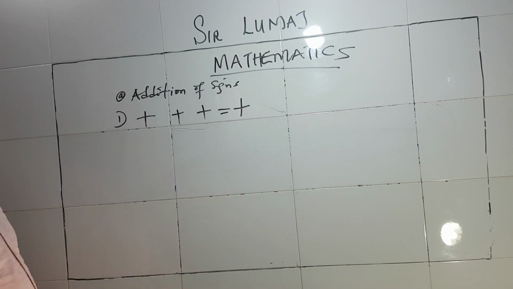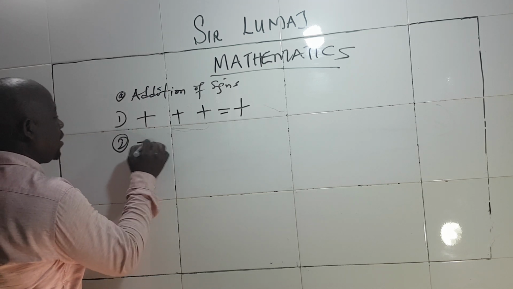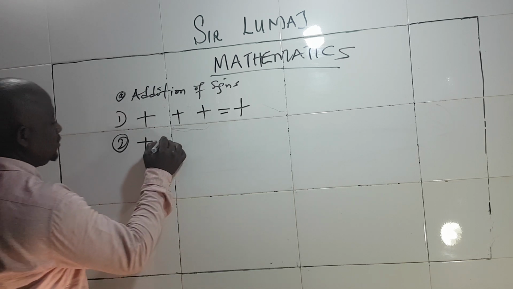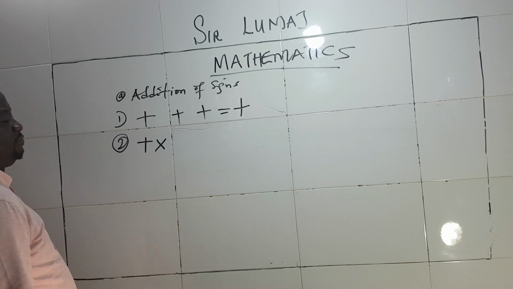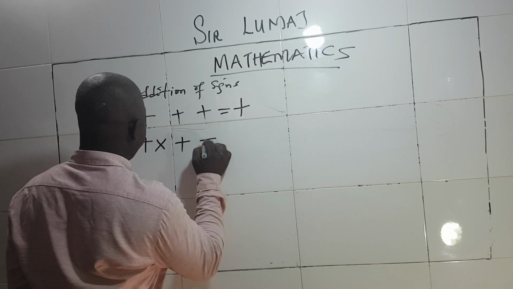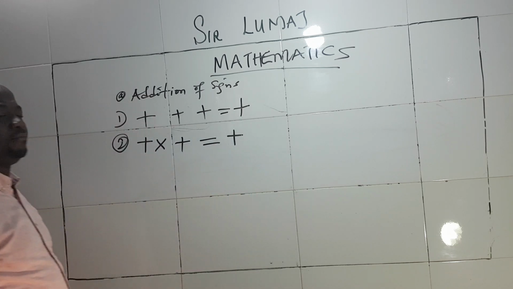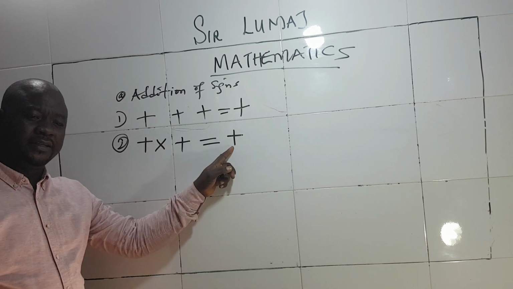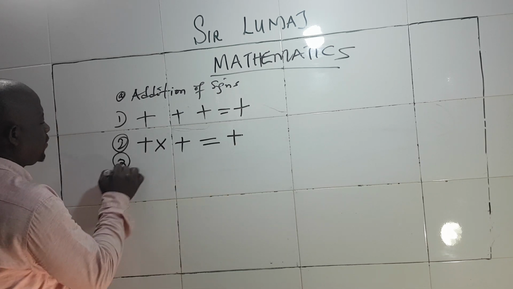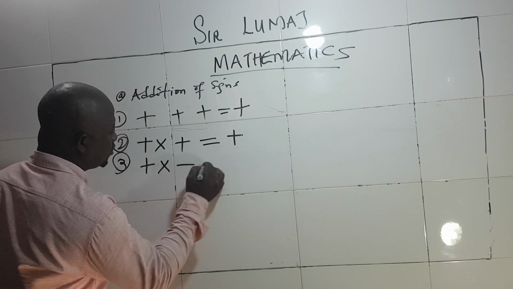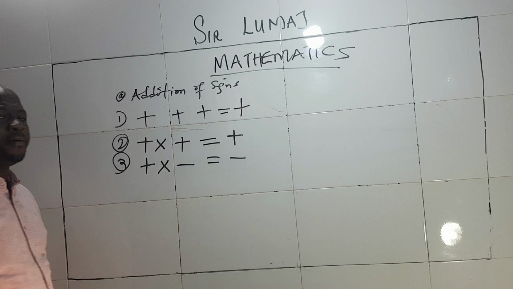Plus. Now, if I say plus times plus, what do I have? Plus. Addition times addition is equal to addition. 3, if I say plus times minus is equal to what? Minus.